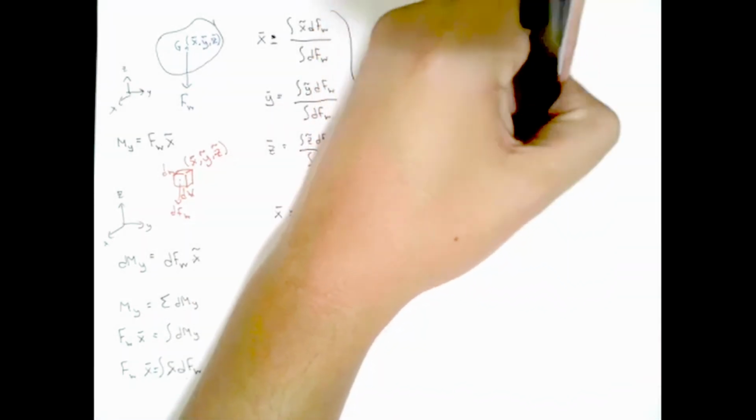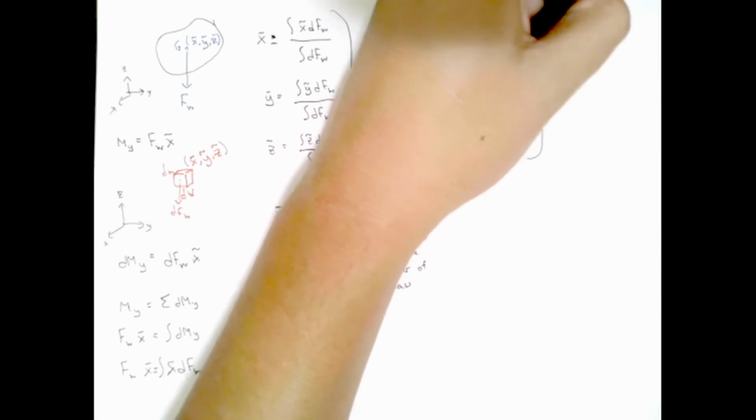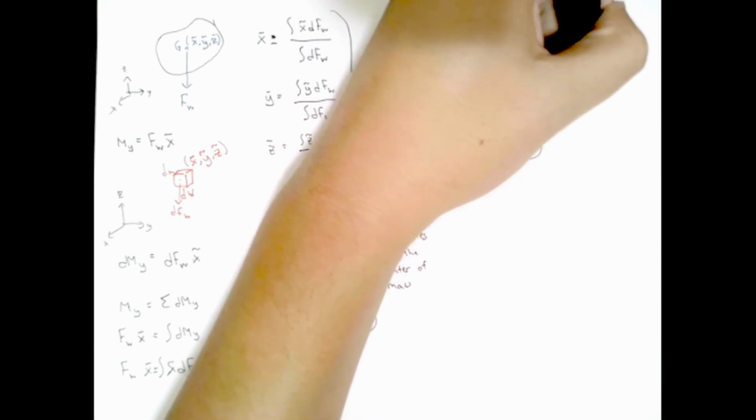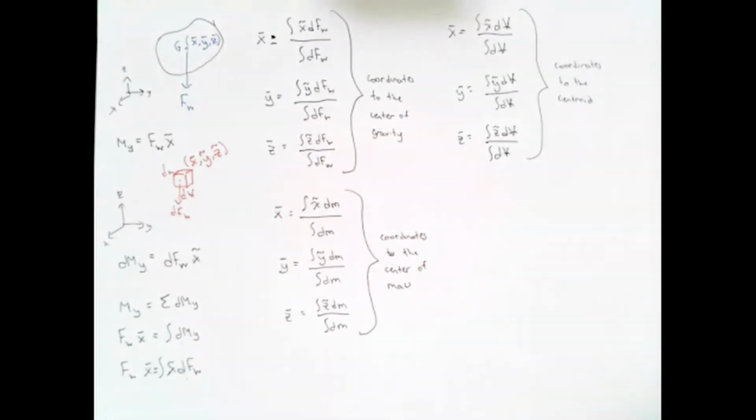These equations collectively give me the coordinates to the centroid. Now we already know that there are some cases where the three will be the same, but we don't want to assume that the three are always going to be the same, which is why I'm giving you all these different coordinates.